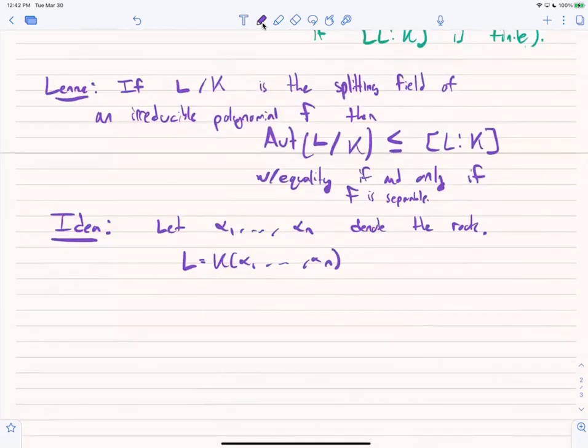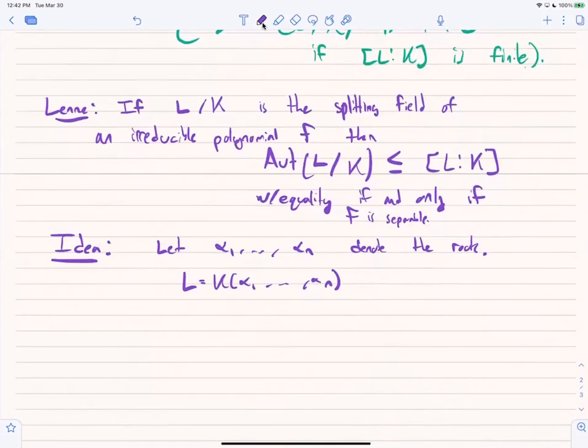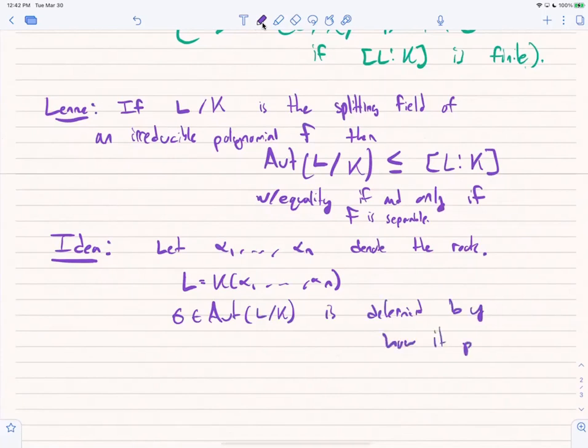Okay, so I'm in the step from before. And suppose sigma in Aut(L over K) is determined by where it sends these roots. But it really has to permute these roots.